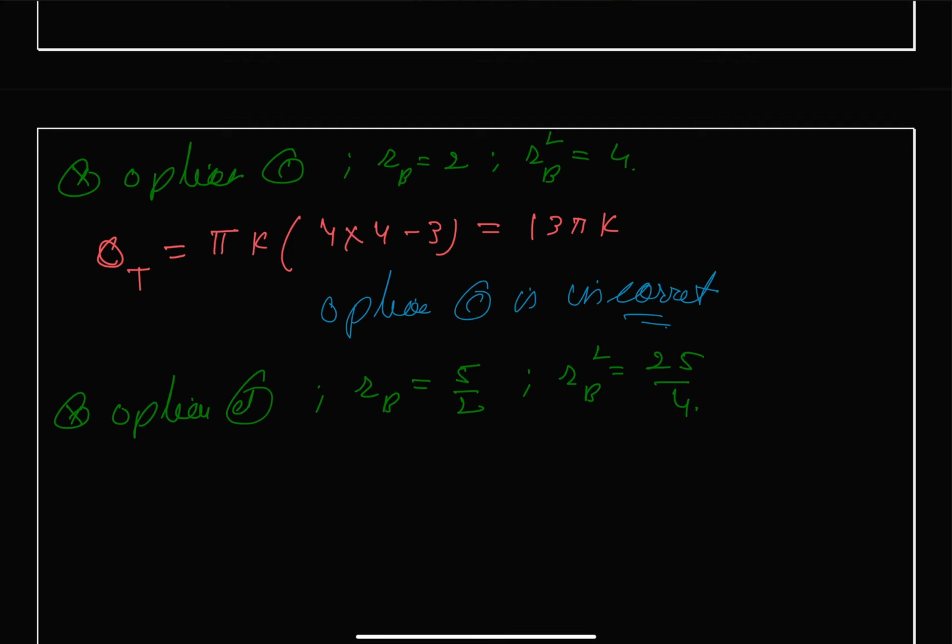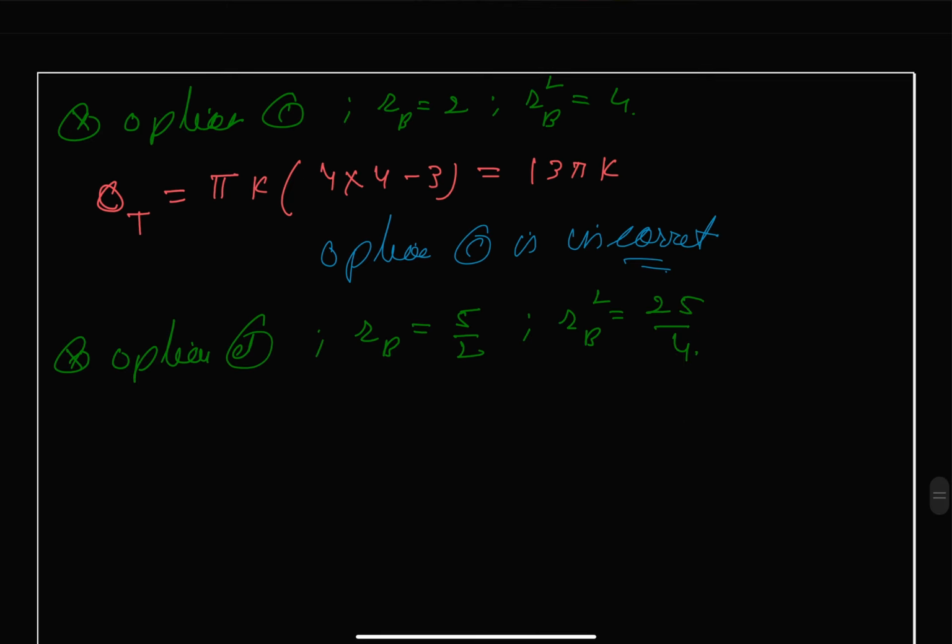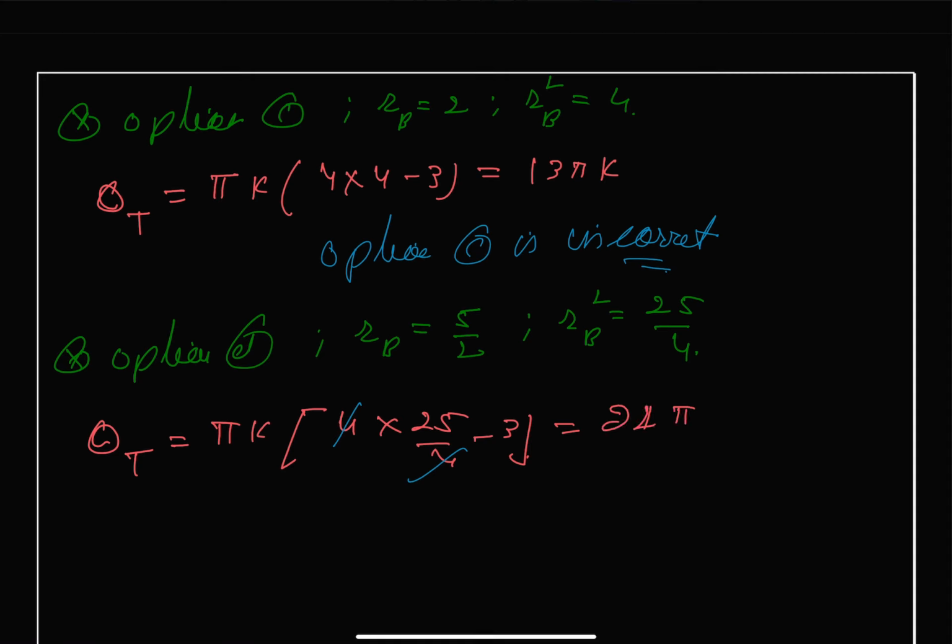So therefore total charge Qt is equal to pi K times (4 times 25 divided by 4 minus 3). 4 goes by 4, and this comes as 22 pi K. So we have to find out the electric field.